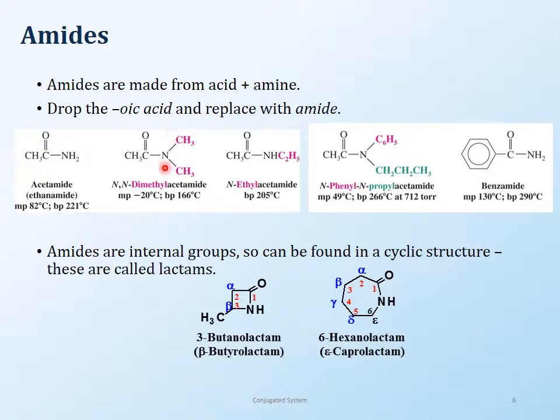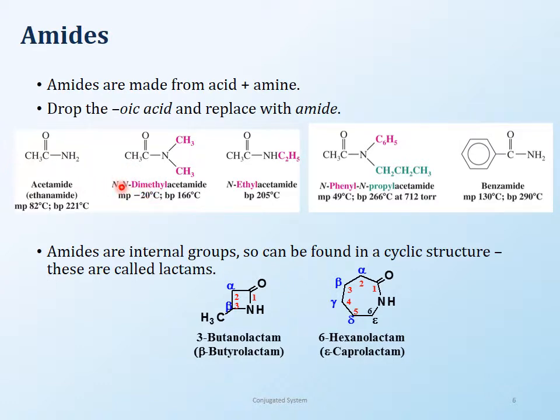If you have some groups on the nitrogen, then you have to mention those also. So this would be N,N-dimethyl acetamide or N,N-dimethyl ethanamide. For the N,N-dimethyl, you have to mention the N twice, and you also have to mention the di. You can't get away with either of these.